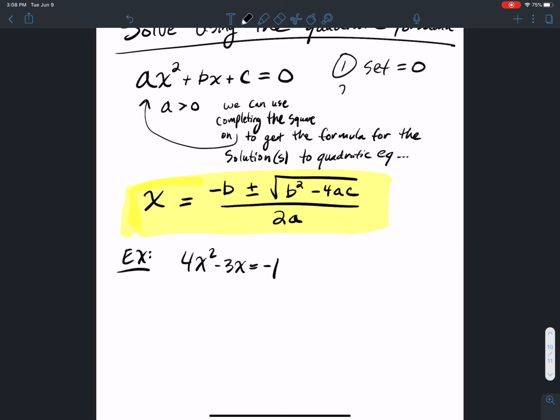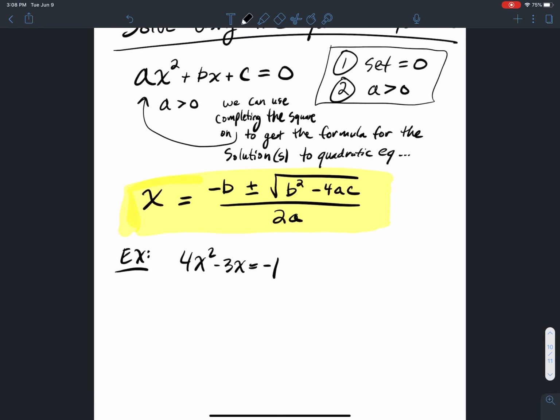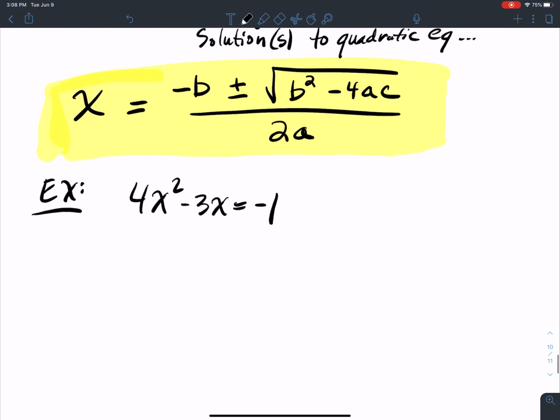Number two, a needs to be positive. Once you get a positive and the whole thing equal to 0, then we can go from there. Right now, when I look at this problem, my a is positive, so check one, but it's not equal to 0. It's equal to negative 1.